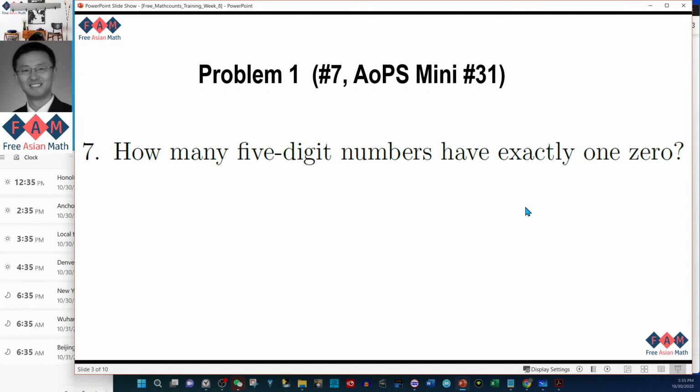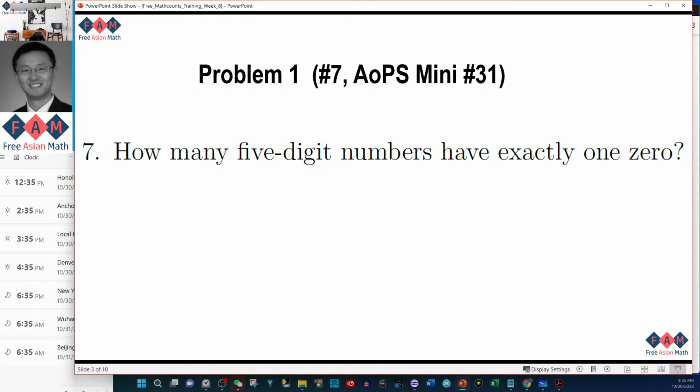Okay, this is a problem from a contest, number 31, problem 7. How many 5-digit numbers have exactly one 0? Okay, what do we need to do? We need to build a 5-digit number.